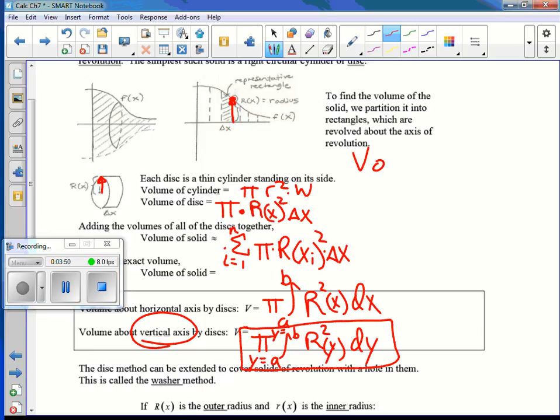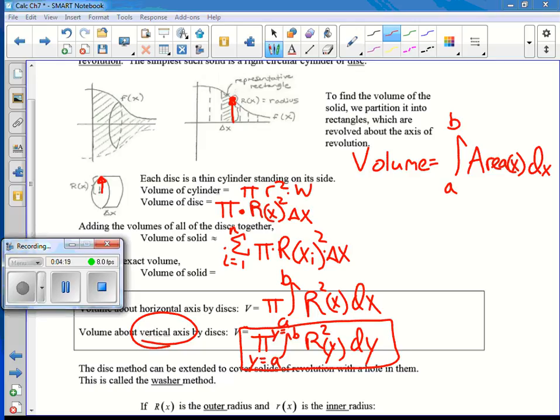Remember, we talked about volume in the previous section as the integral from a to b with respect to whatever variable, dx, dy, dz, whatever you want. You take the integral of the area function. You find the integral of the area and it gives you volume. Well, if we want to find the volume of a disk, we find the area and then we integrate.